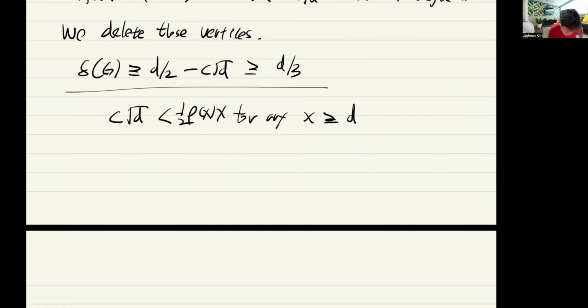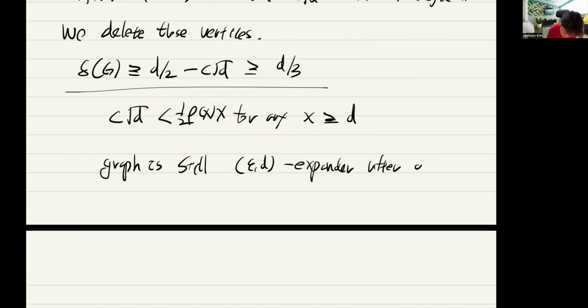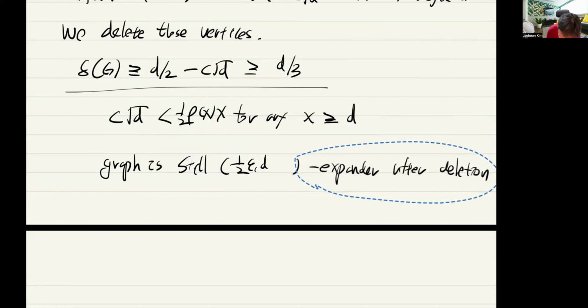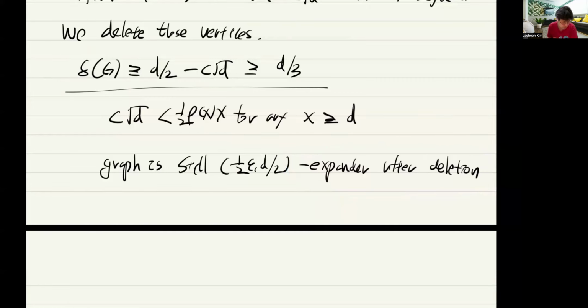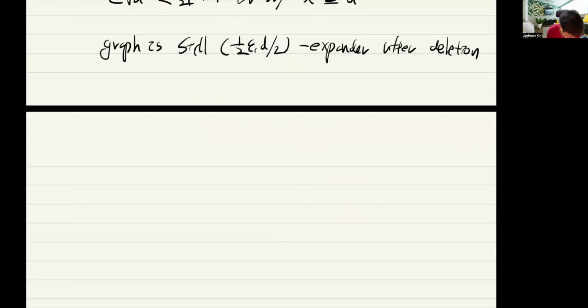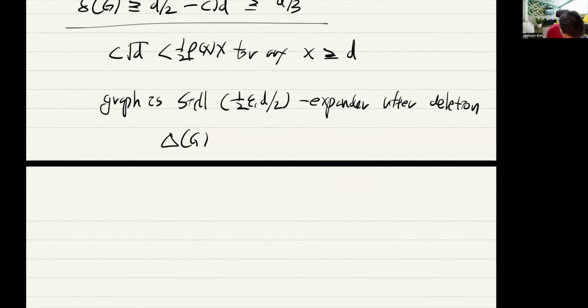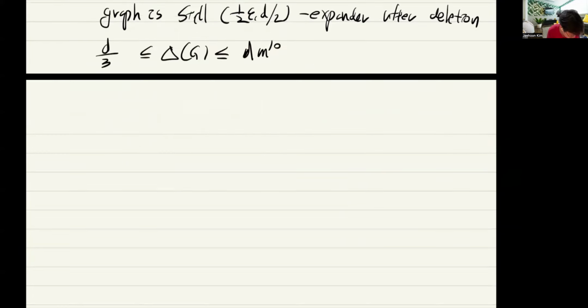Even after deleting, the graph is still an epsilon d expander. Technically, epsilon might become half epsilon, but let's write half epsilon, and d becomes half d. But now we assume that the maximum degree is at most d times n to the 10, and the minimum degree is d over 3.